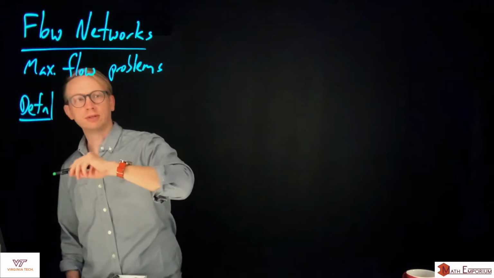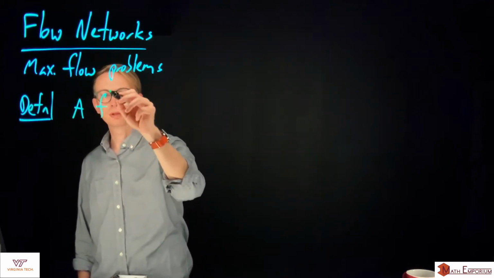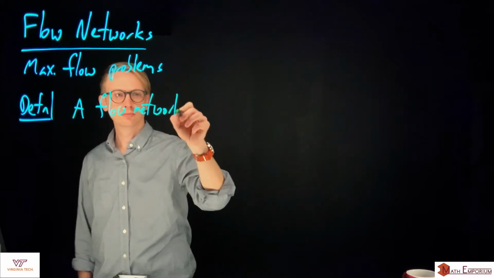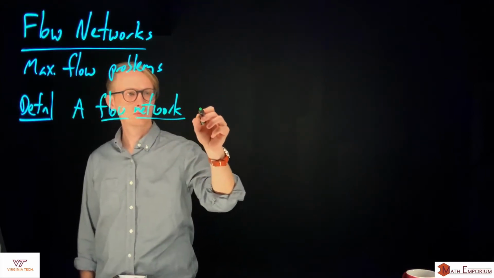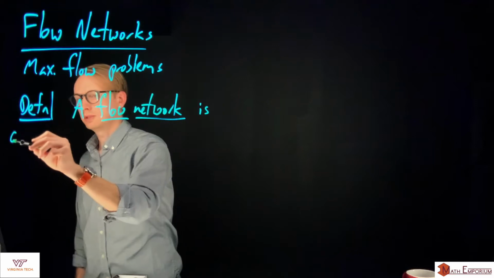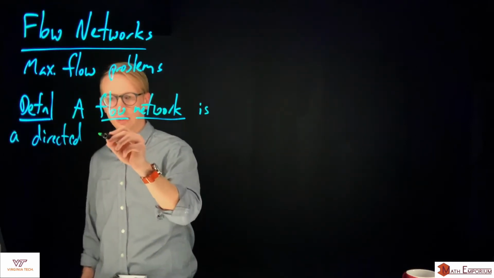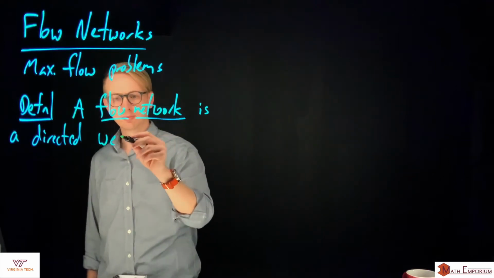So this is a fairly extensive definition, but a flow network is a directed weighted graph. So not only does it have directions, but also has weights.